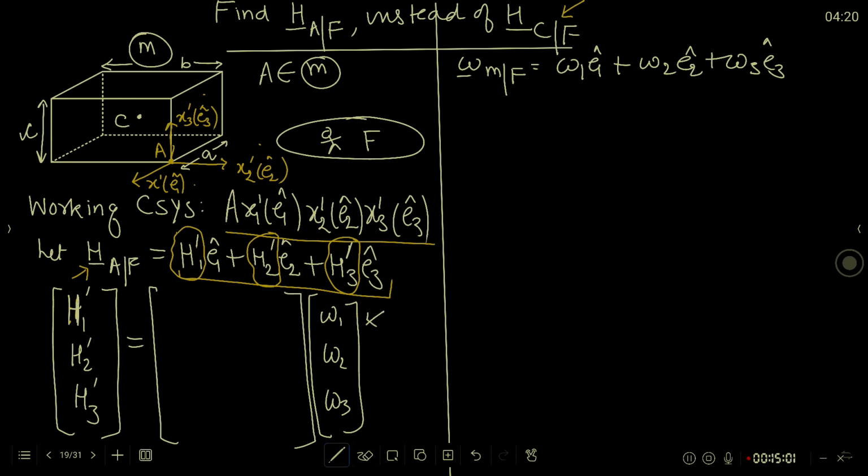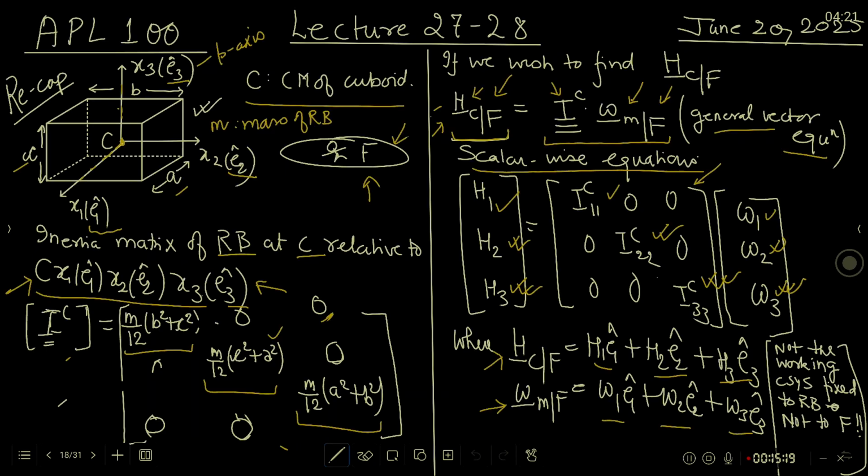What is this matrix? This matrix should be IA. Contrast this with what I had on the previous slide. Here I had HCF, talking about this equation: HCF is IC omega MF. Why? Because I am trying to find angular momentum about point C. That is why I get the inertia matrix of the RB at point C.